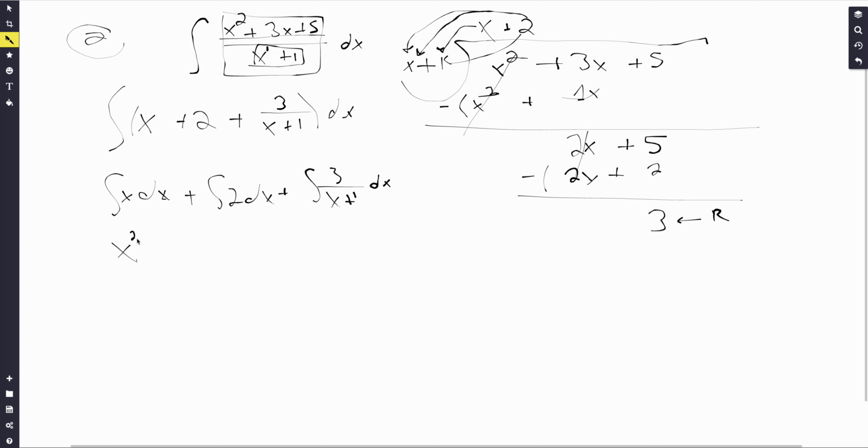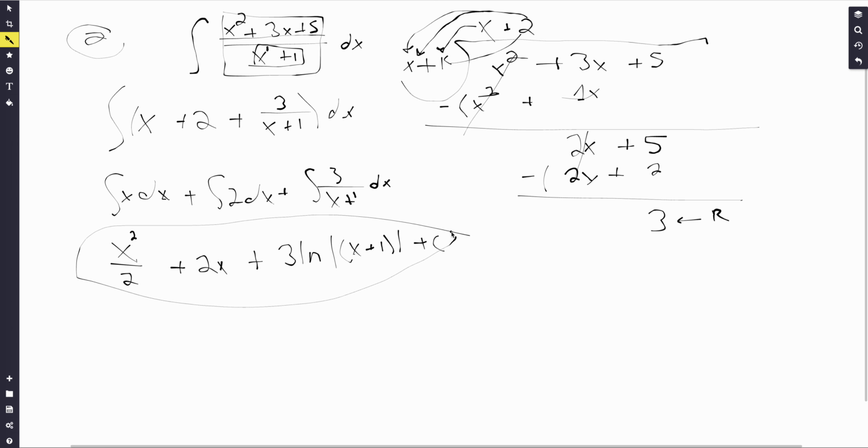That would be x squared over 2 plus 2x plus the natural log, and remember the 3 goes in the front: 3 natural log of absolute value of x plus 1, and then don't forget the plus c. That would be our final answer for this question.